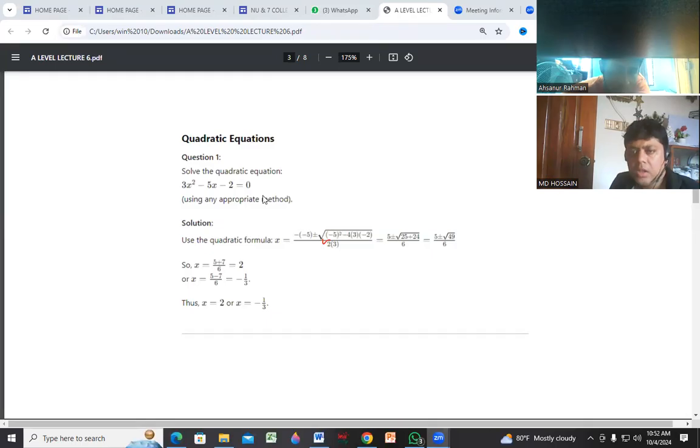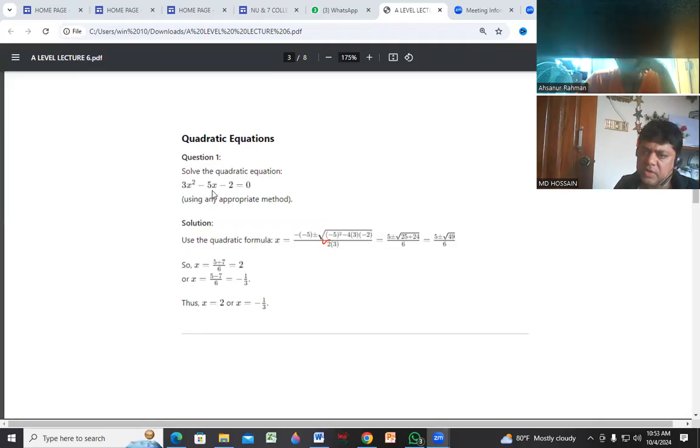In case of question number 1, you can also go for the middle term factor. You will try to solve this equation using the middle term factor, find the value, and let me know. Okay, question number 1.